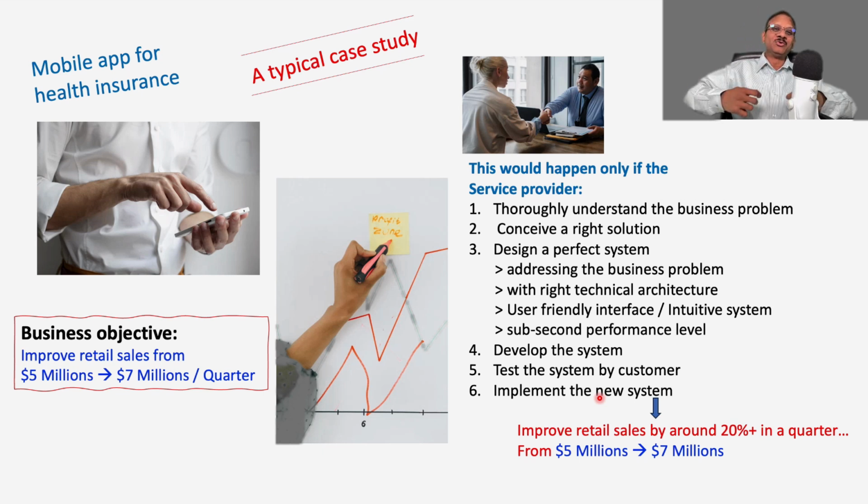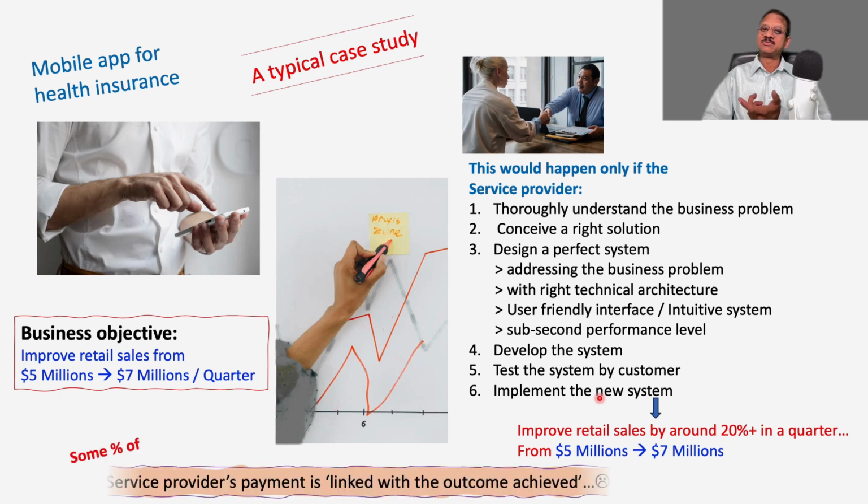You have to work along with the customer, take part in that successful implementation and yield the planned business outcomes. Then only would the customer pay your professional fee, or some component of it, which has to be agreed with the customer, only after achieving the planned outcomes. That's the difference. Until point number 6 it is common, but this is the additional responsibility.